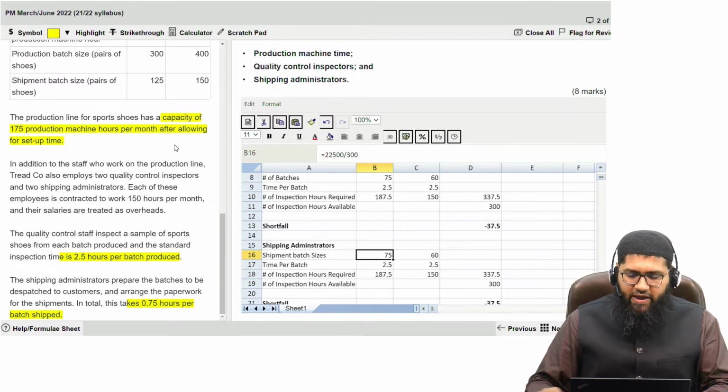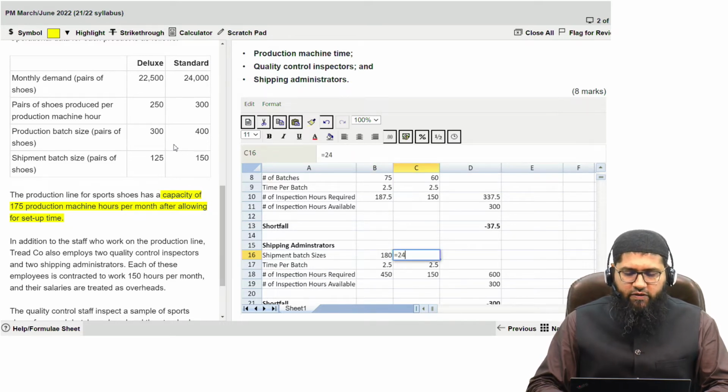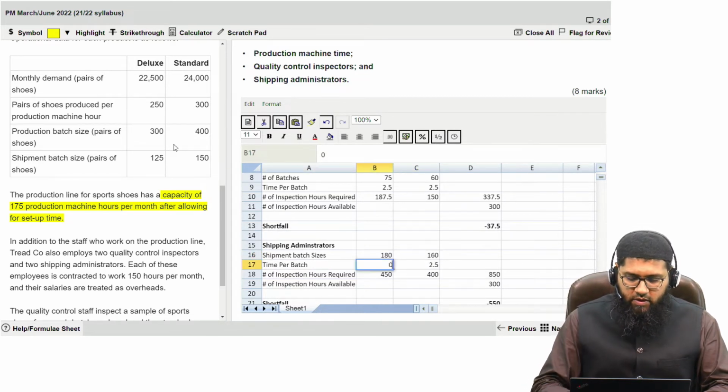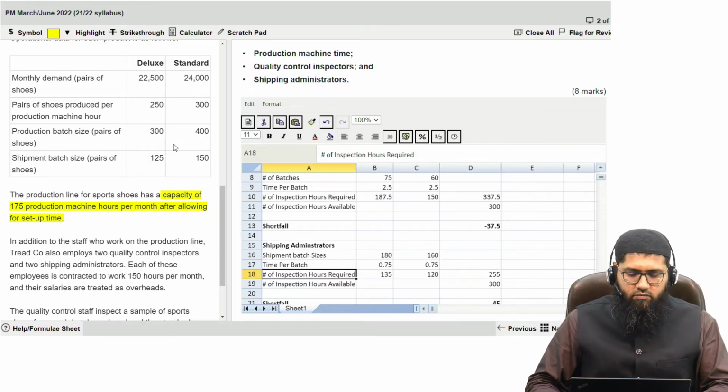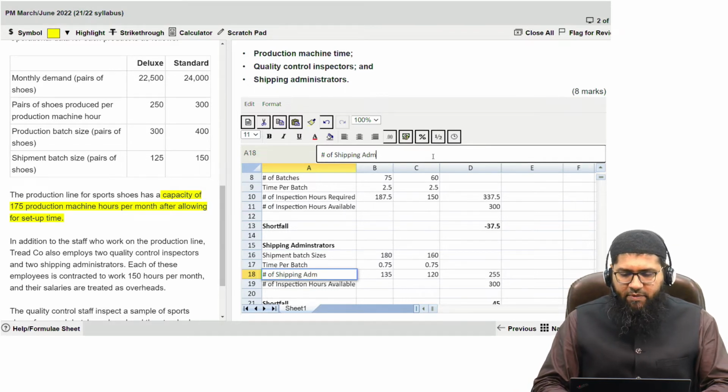So the answer is gonna be here. It's 22,500 divided by 125. It's gonna be 24,000 divided by 150. 0.75 is the time that is needed. Hence number of shipping admin time required.